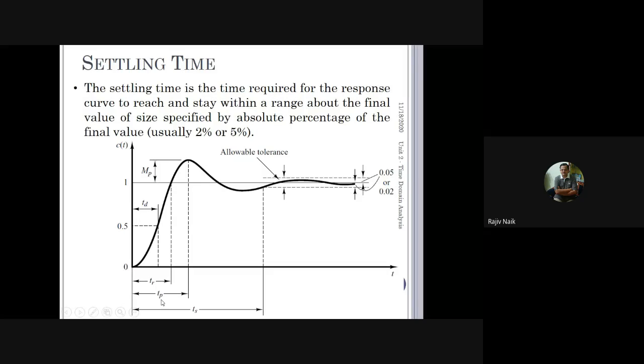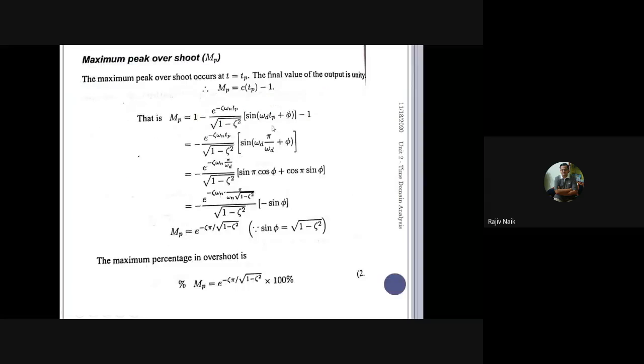So when you put in the equation C(t), whatever answer you get, you have to subtract from 1. So I am doing C(Tp) minus 1. MP will be the C(Tp) value. Wherever t is there, I am putting Tp and subtracting 1.